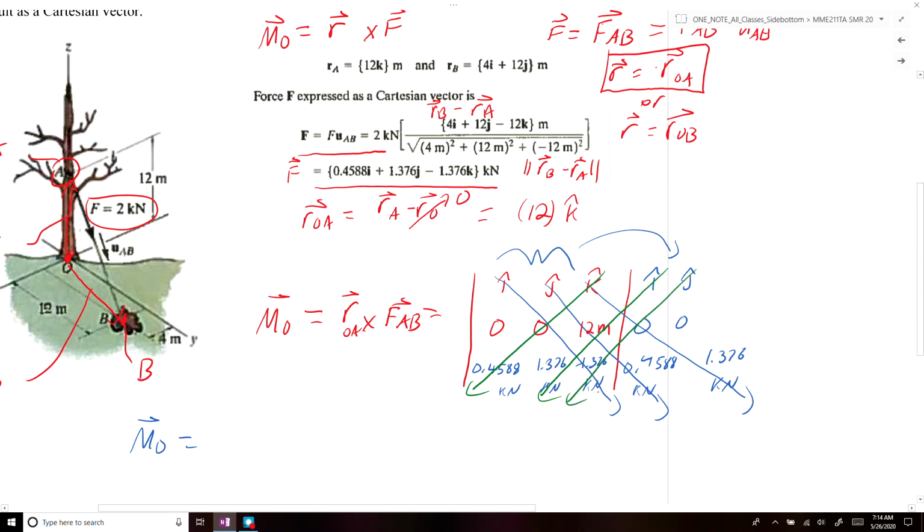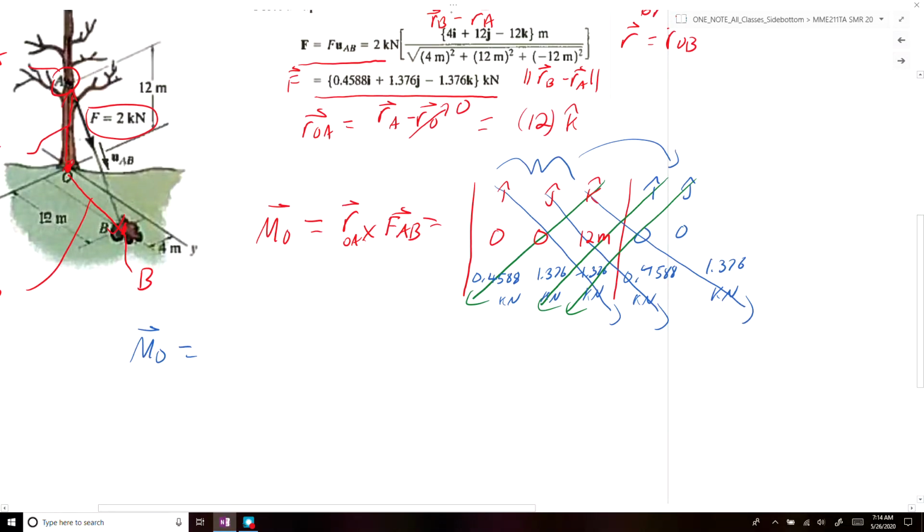If we look at just our positive diagonals first, the first term is going to be equal to 0 times 0 times minus 1.376 kilonewtons, which is 0. For the second diagonal, we'll get 12 meters times 0.4588 kilonewtons, multiplied by the unit vector j.